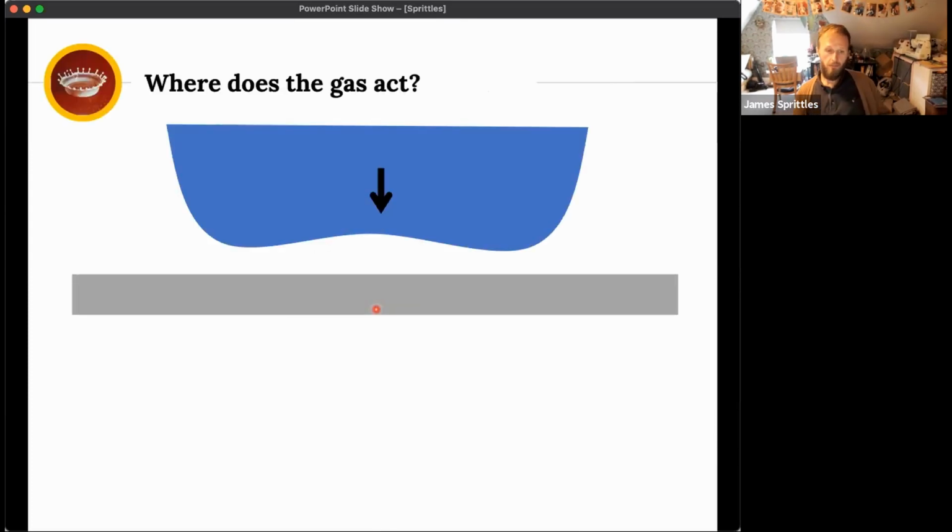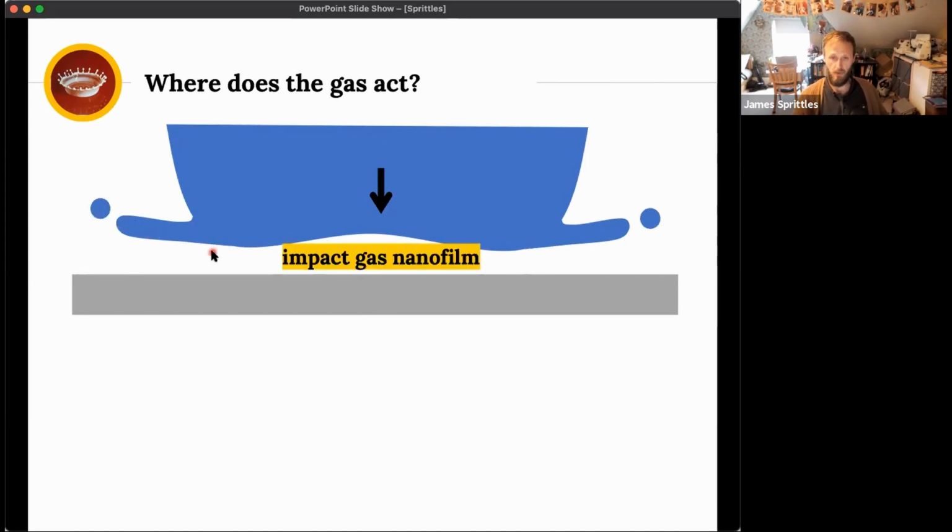Okay, so this discovery stimulated a huge amount of research in the subsequent years. The real question was, how does the gas influence the drop? The first possibility was that as a drop comes down, there is a gas layer trapped underneath it, and somehow that changes the characteristics of the splash.